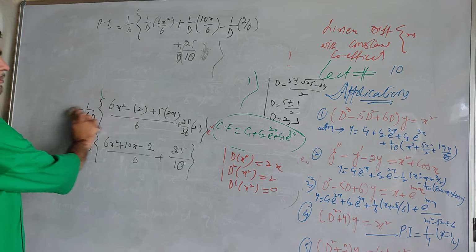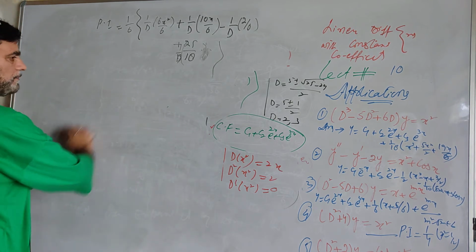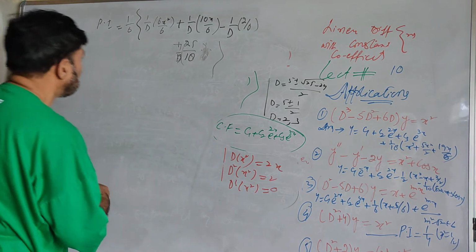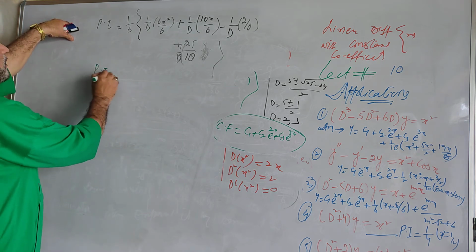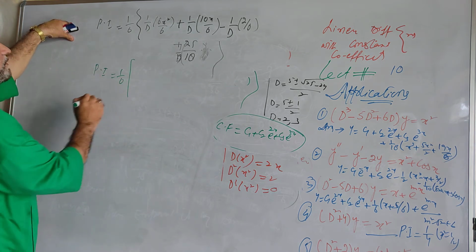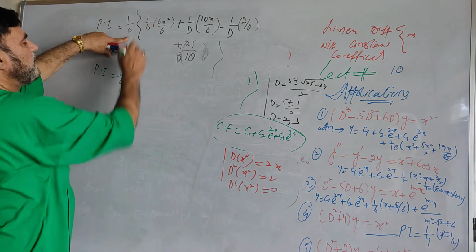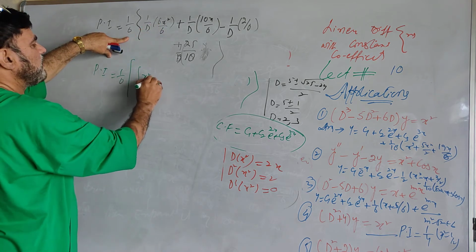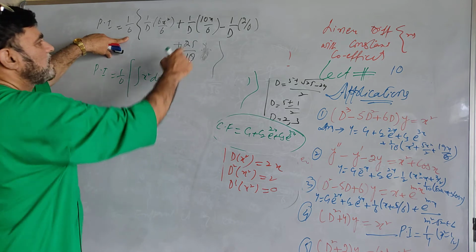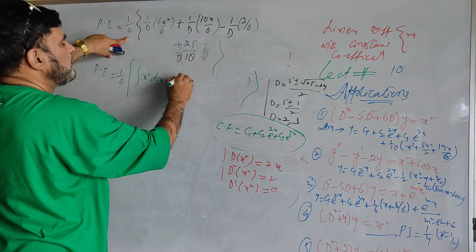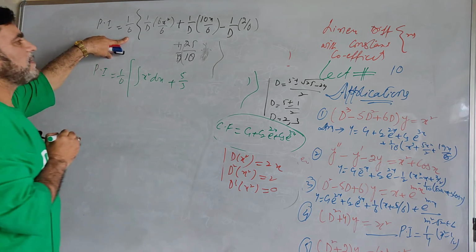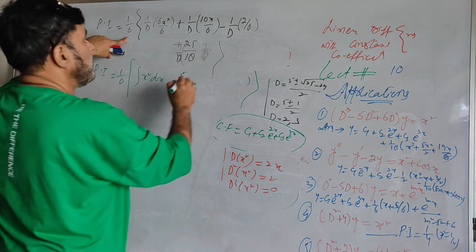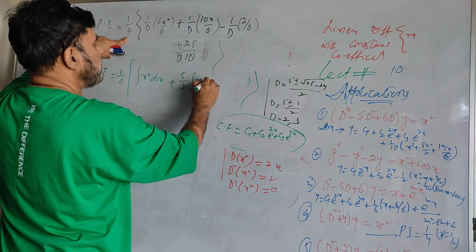Now how does it go? Just look now, particular integral: 1 by 6 throughout, the 6 goes, 1 by D means integral of x square dx, then plus 10 by 6, which means 5 by 3, 1 by D of means x dx.